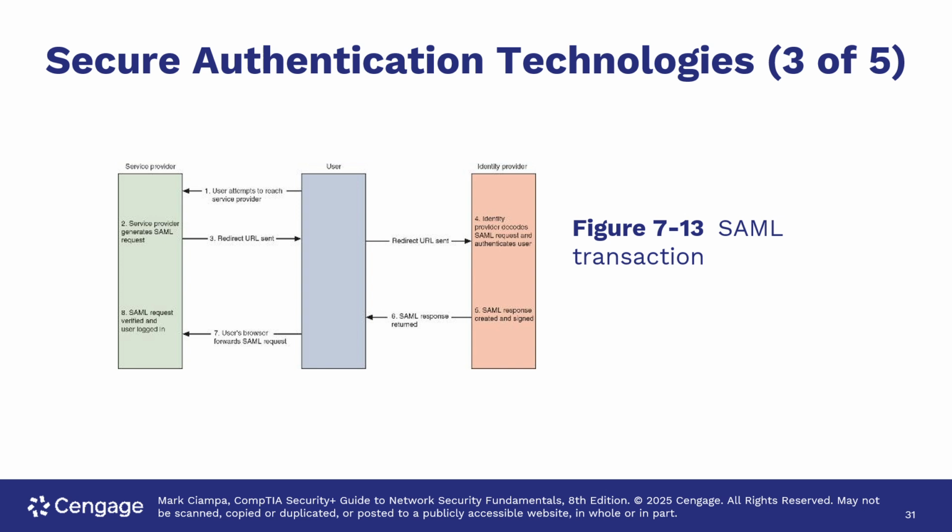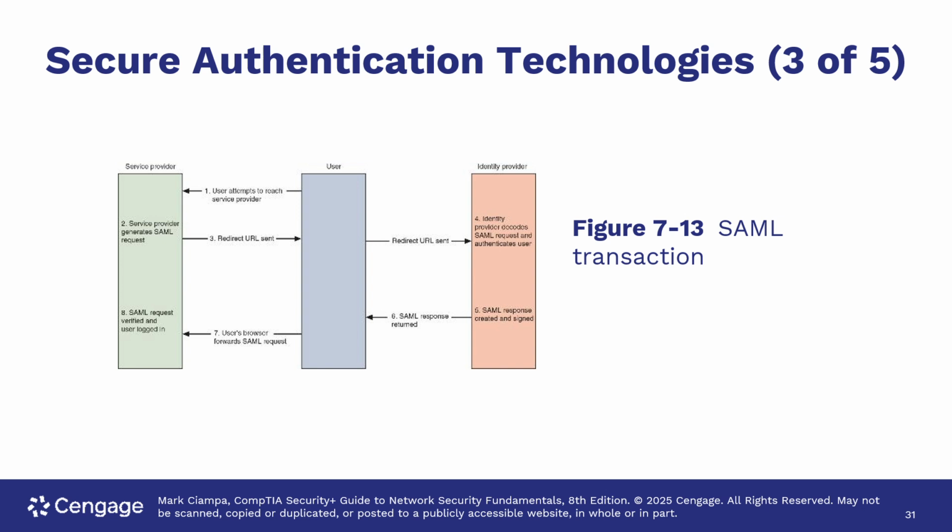So here's an example of a SAML transaction. You can see it passes that the user attempts to reach the service provider. And it goes 1 to 2 to 3.